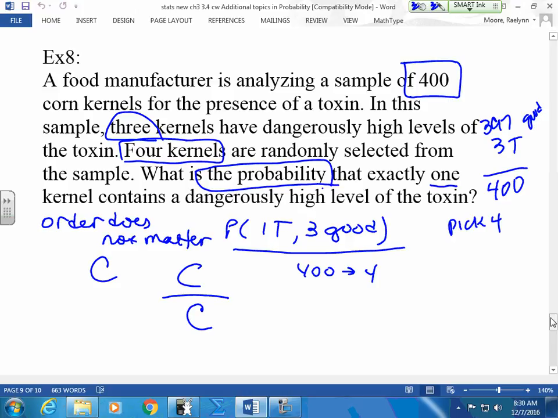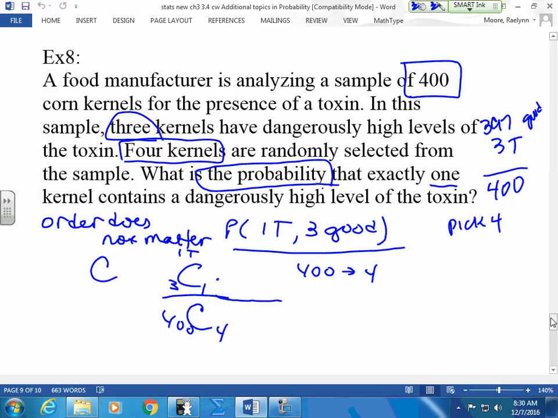So let's hit the denominator first. How many kernels do you have to choose from? How many do you want? You want 1 to be toxic. How many toxics do you have to choose from? 3, and you want 1 of them. But then you want 3 that are good.